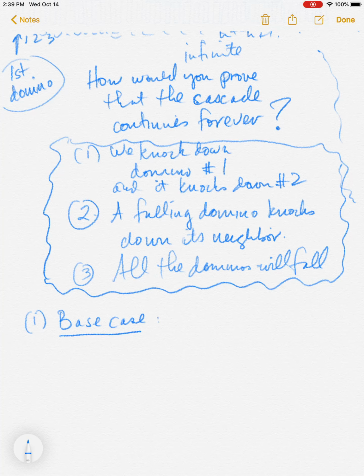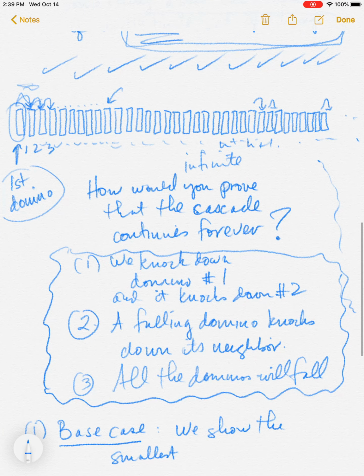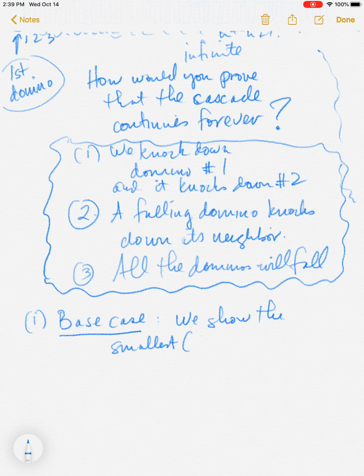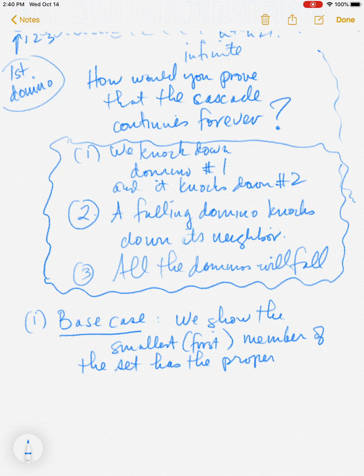In the base case, we show that the smallest member of the set, the first member of the set, has the property in question. What I mean by smallest is, in this case, this is the smallest because it's the first, and this is the next smallest because it's the second.